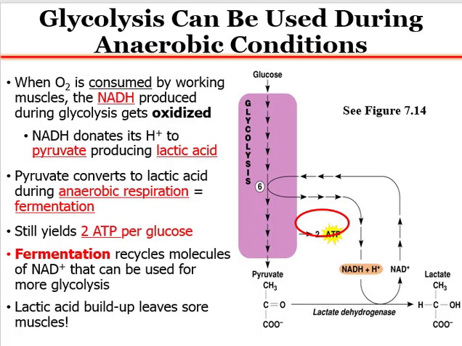You can see where exactly the 2 hydrogens are now covalently bound to the central carbon in what was the pyruvate molecule. So pyruvate converts to lactic acid during anaerobic respiration or fermentation. And this process will still yield the 2 ATPs for each glucose. It's not a lot, but it will keep working muscles going.